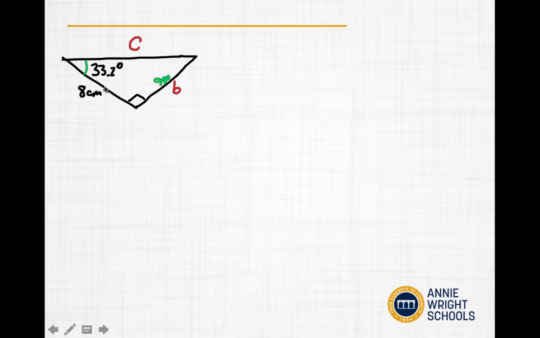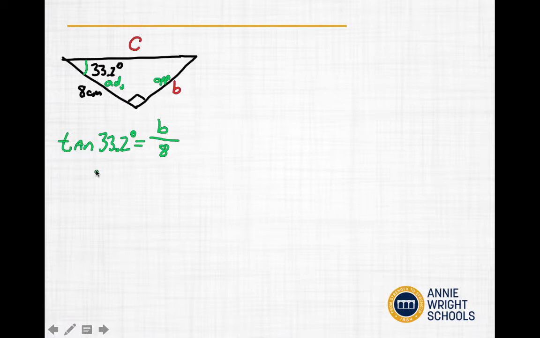And this side I know is the adjacent side. I'm going to then use the trig function tangent of 33.2 degrees equals the opposite side B divided by the adjacent side 8.